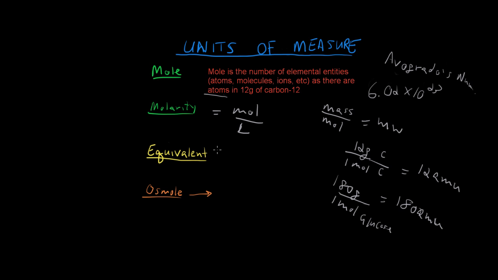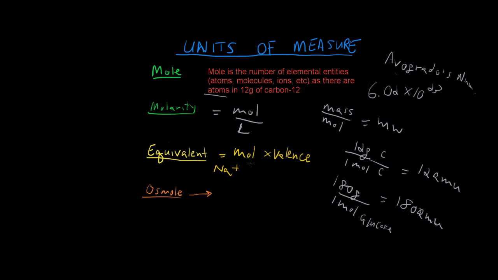Equivalence is also a similar concept. Equivalence equals moles times valence. Valence is just the number of charges. So a monovalent ion, such as sodium, has only 1 charge.